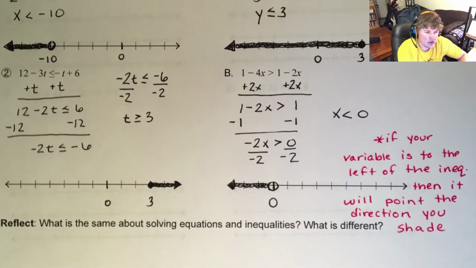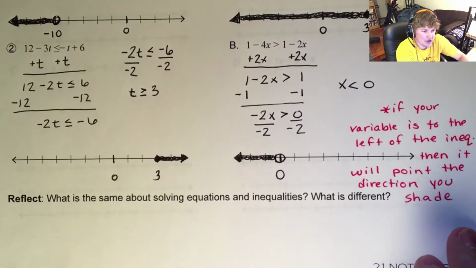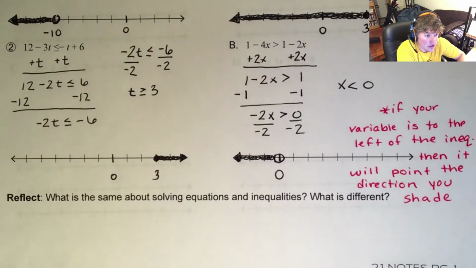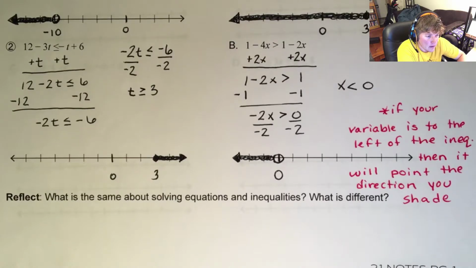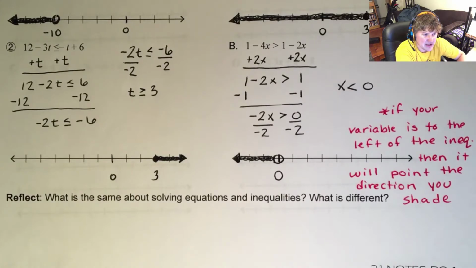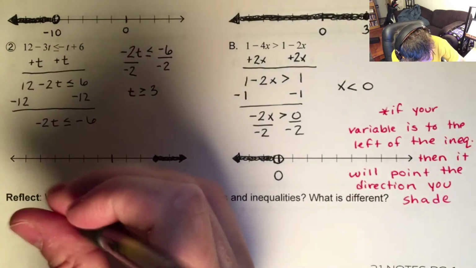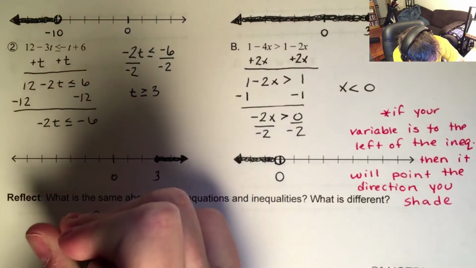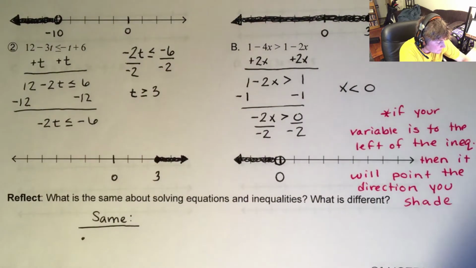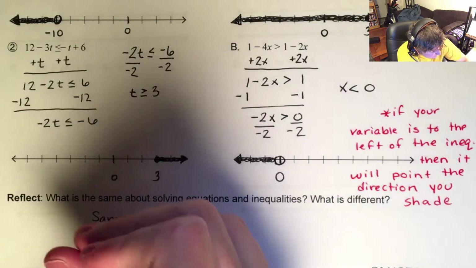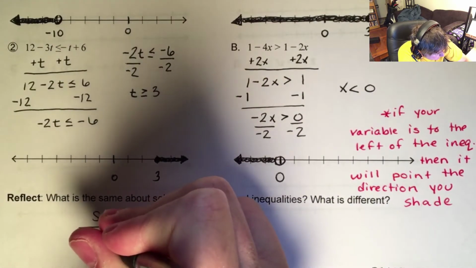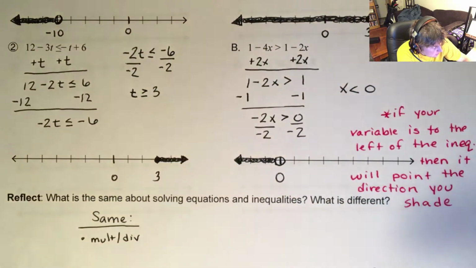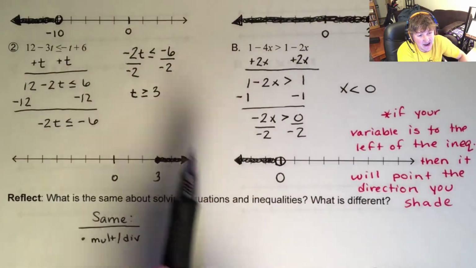Okay, so what I want you to do is just pause the video and write yourself down some things that you believe are the same in solving equations in comparison to solving inequalities, and then maybe some things that are different. Okay, so what's the same? Hopefully after you did some work, you figured out that multiplying and dividing, if you do it to one side of the equation, you have to do it to the other.